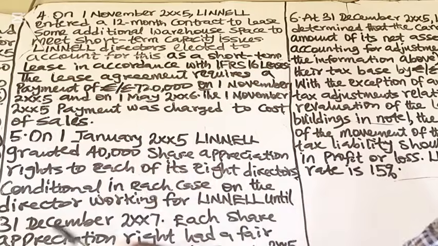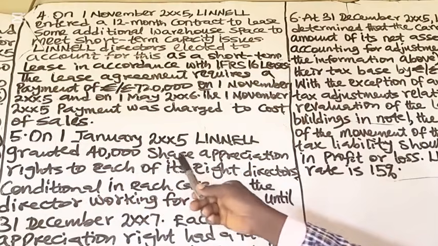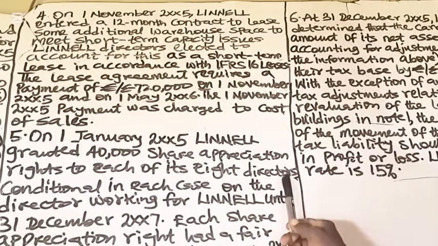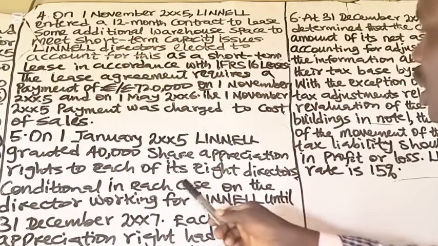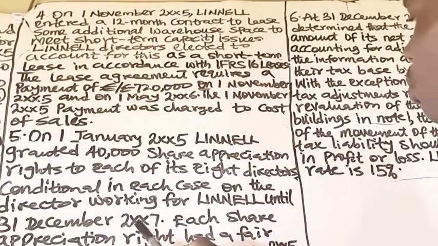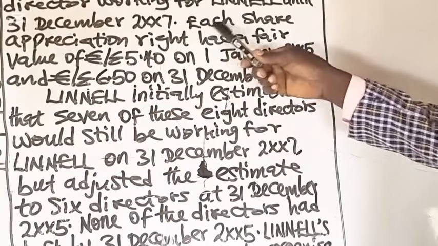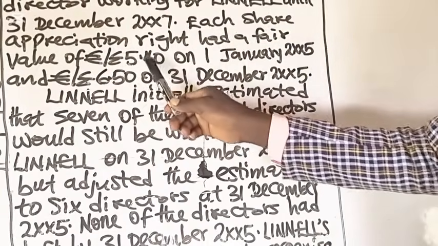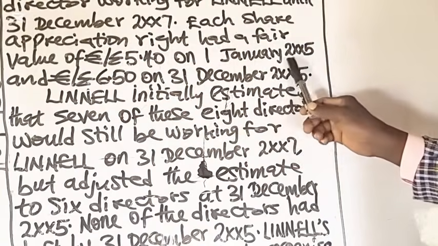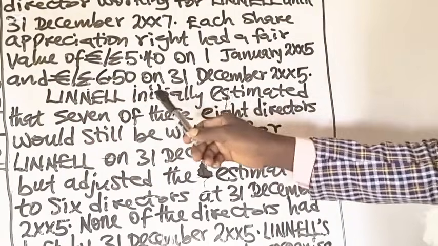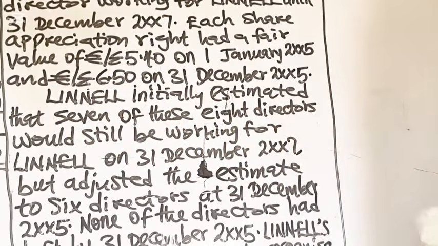Note 5. On 1st of January 2005, Linen granted 40,000 share appreciation rights to each of its 8 directors, conditional in each case on the directors working for Linen until 31st December 2007. Each share appreciation right had a fair value of 5.40 euro on 1st of January 2005 and 6.50 euro on 31st December 2005.